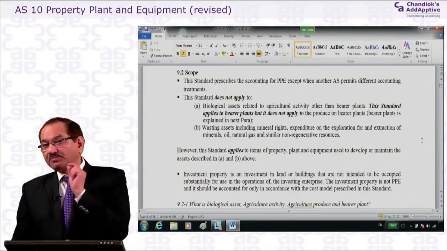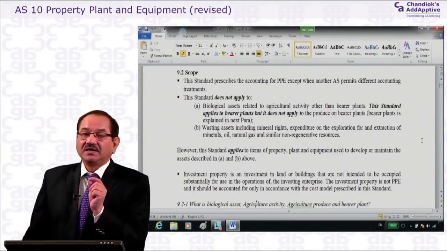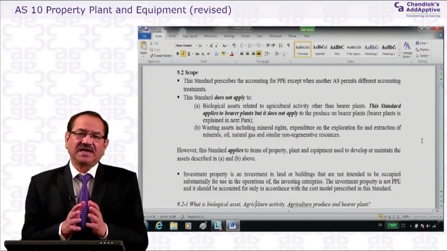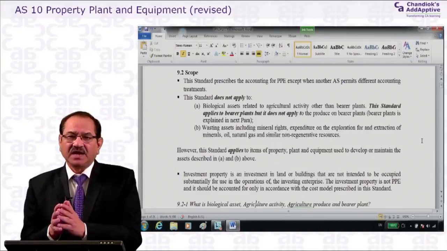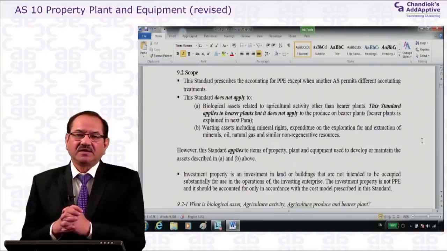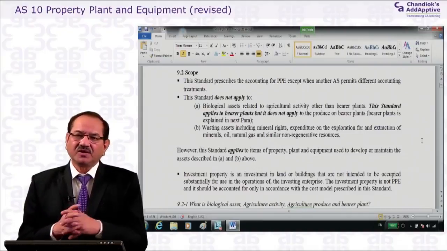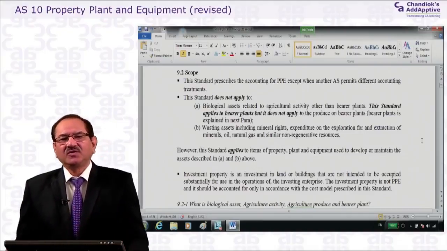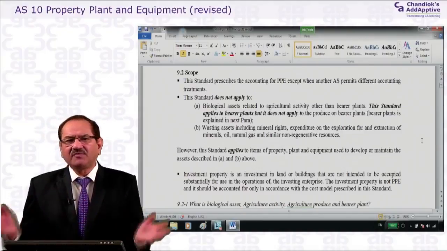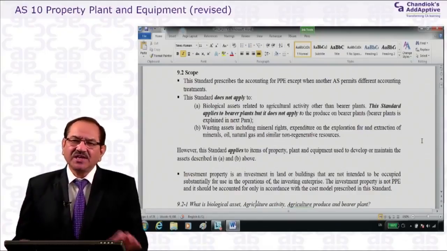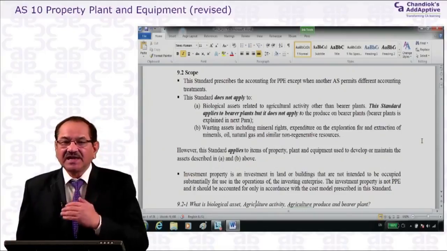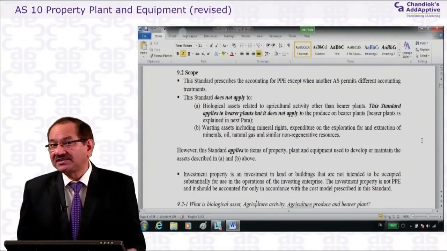Dear student, the most important thing here is that in the earlier standards also, this standard never applied to agricultural activity and any fixed assets created in agricultural activity. Because in India, we haven't had accounting for agriculture, and therefore we excluded those assets, any assets which are related to agricultural activity.